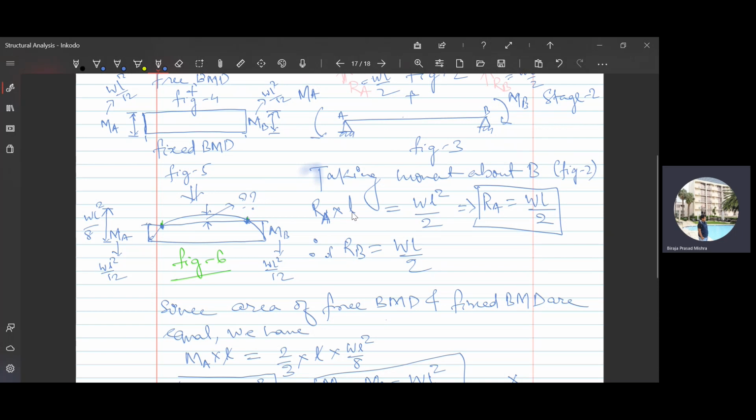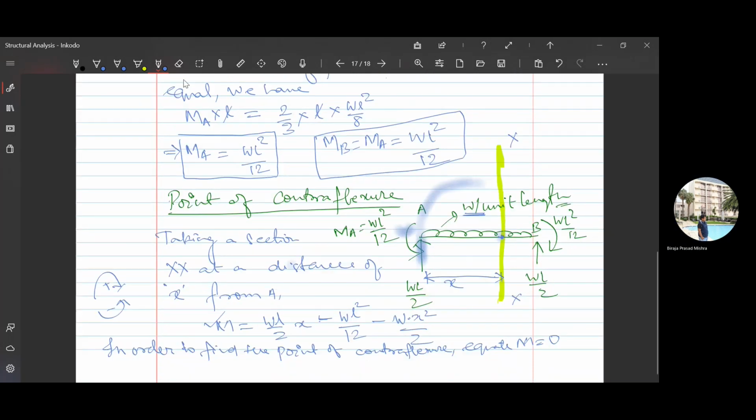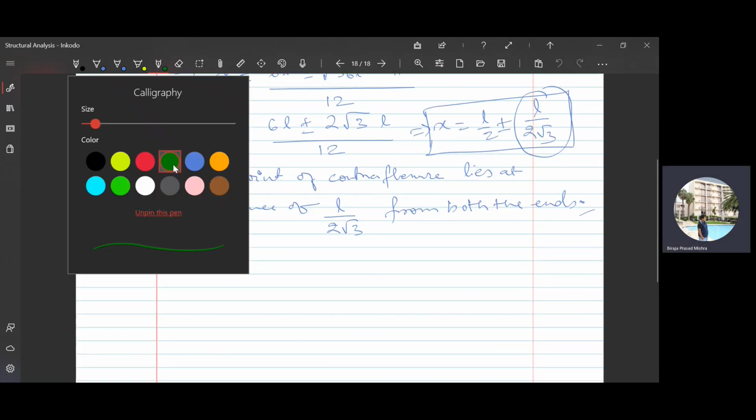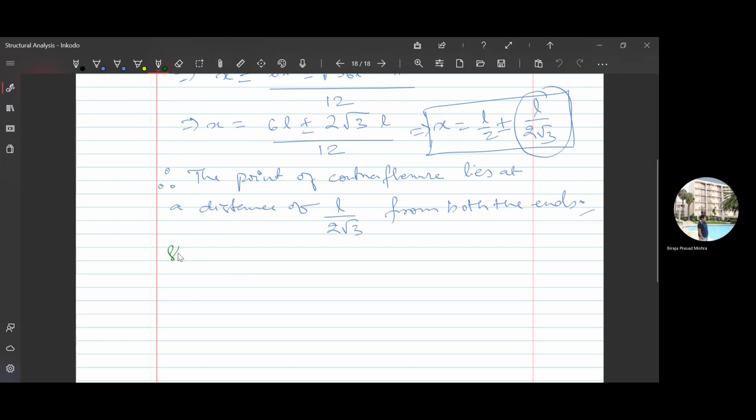Again, we will use the same equation. You can give the heading as slope and deflection. We will do it in the next class, but please write.